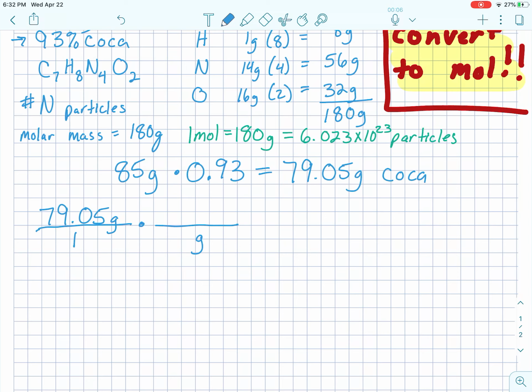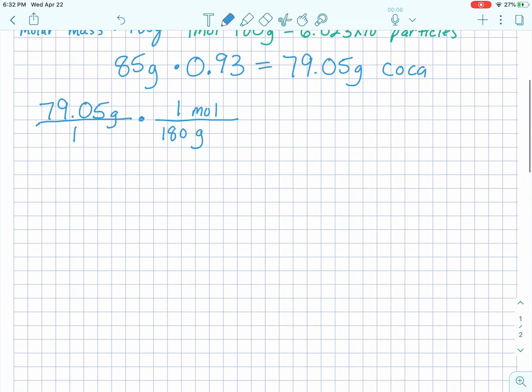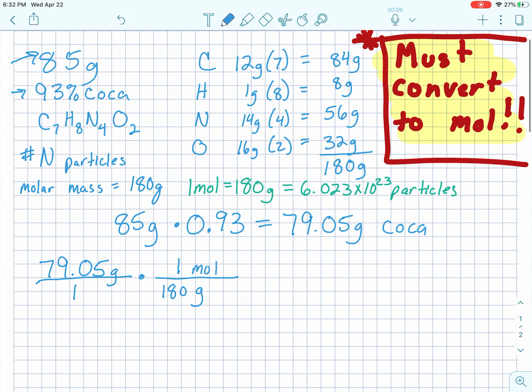Well, and I know I want to convert it to moles, because that's what I told you we want to do first. So, grams to moles. Well, I noticed that 180 grams is equivalent to 1 mole. That's going to allow me to cross off my grams and get to the mole that I wanted to.